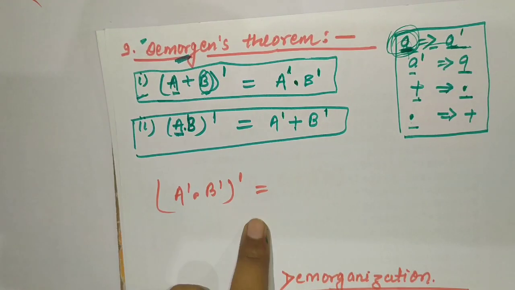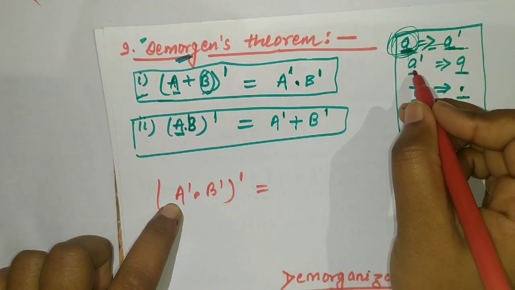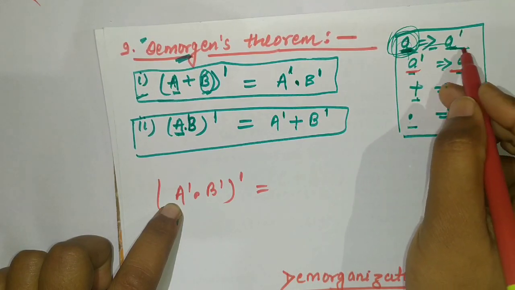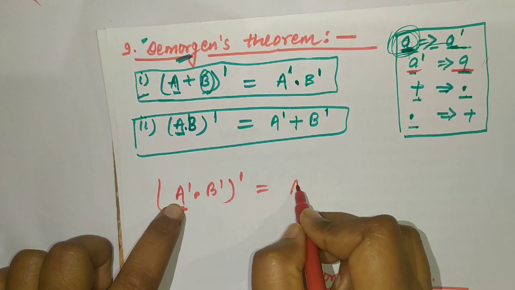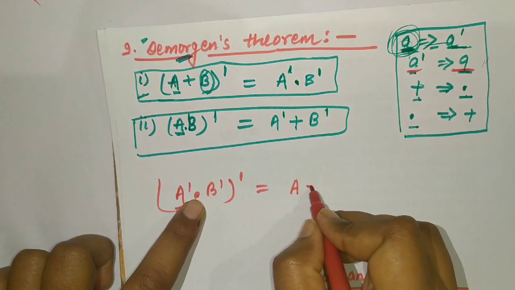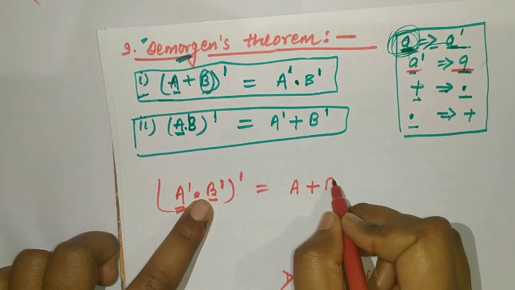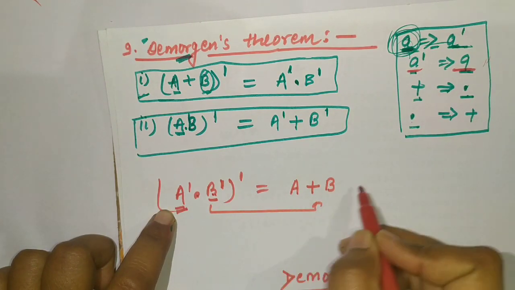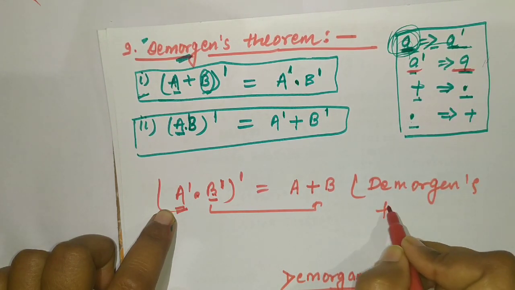Using De Morgan's theorem, A dash, a variable with complement, is converted to A without complement. The into sign converts to plus, and B dash becomes B. This is the solution using De Morgan's theorem.